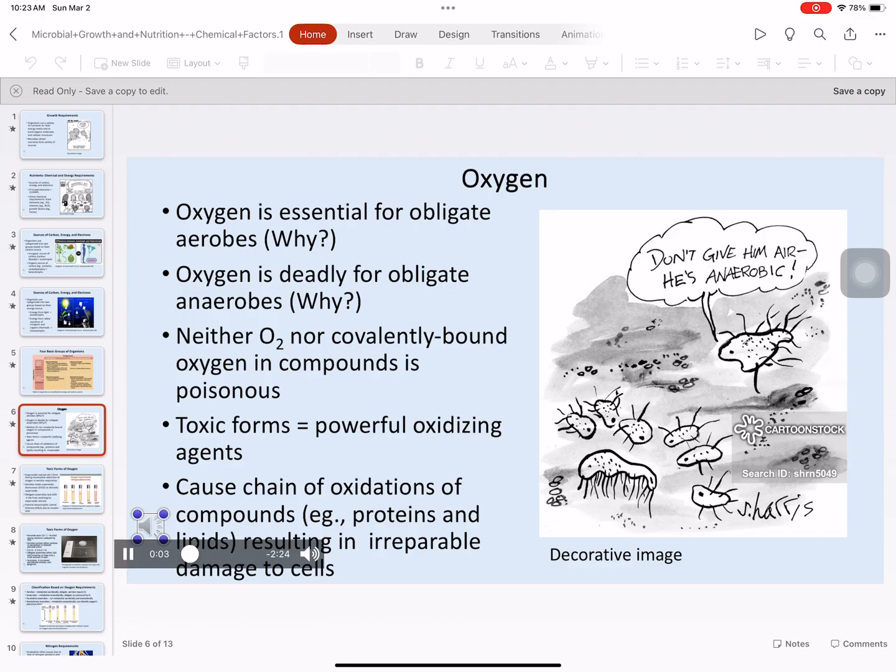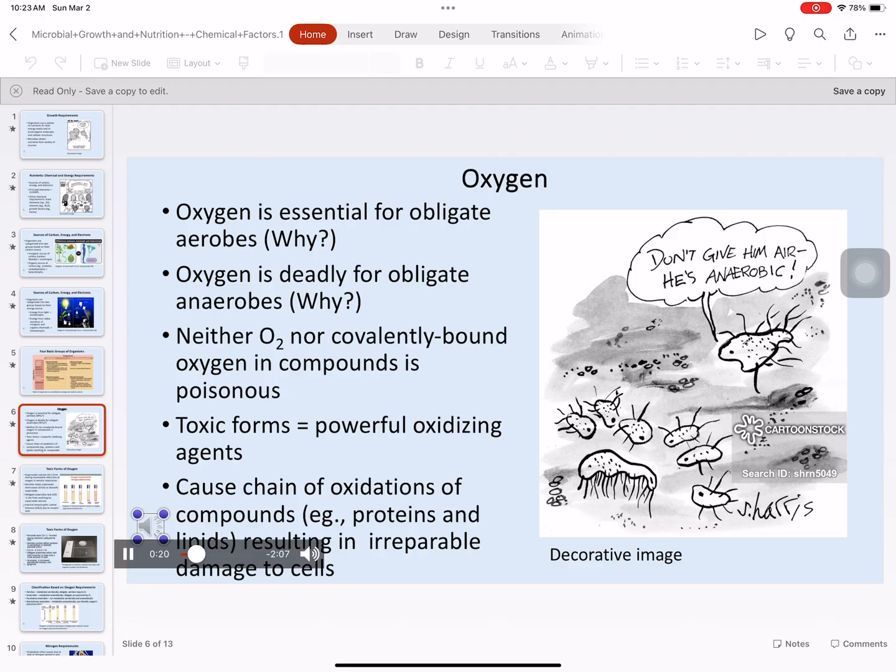We have here two critical thinking questions to start off with. The first one is that oxygen is essential for obligate aerobes like us. Why is that?